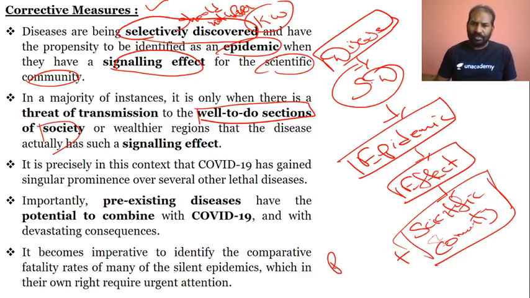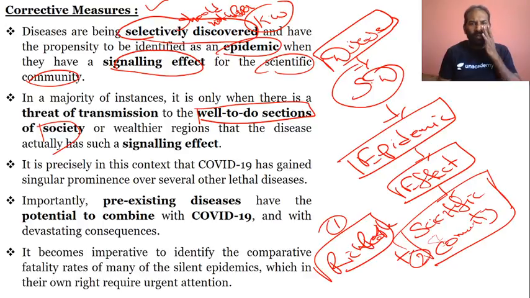Only when it affects the rich people and the scientific community are you identifying the disease as an epidemic, and then selectively discovering it and going ahead with the sequencing and all that.